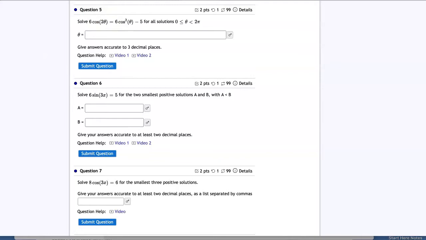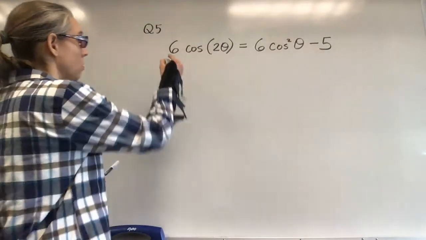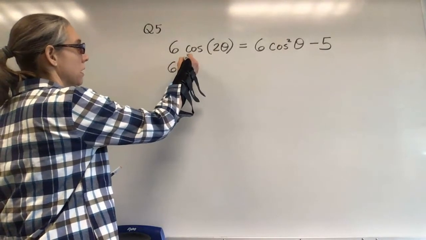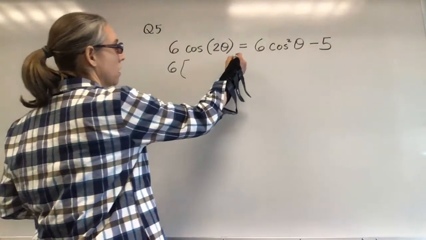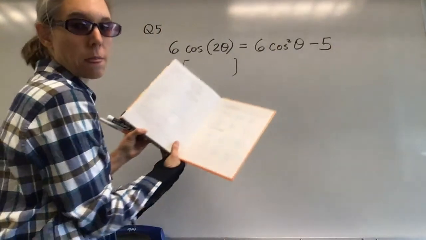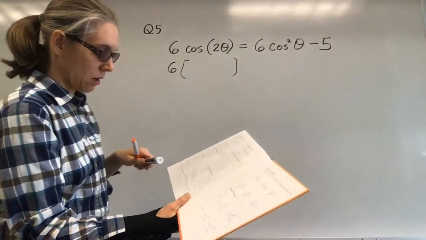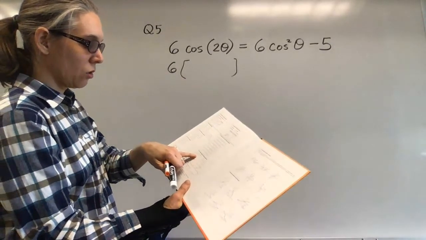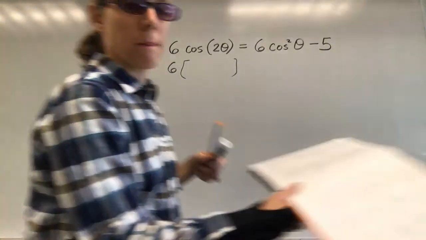Let me do this one on the board. Here's question 5. So what I was saying is you want to replace cosine of 2 theta with the formula for cosine 2 theta right here from the back of the book that involves another cosine squared. So it would be 2 cosine squared minus 1.